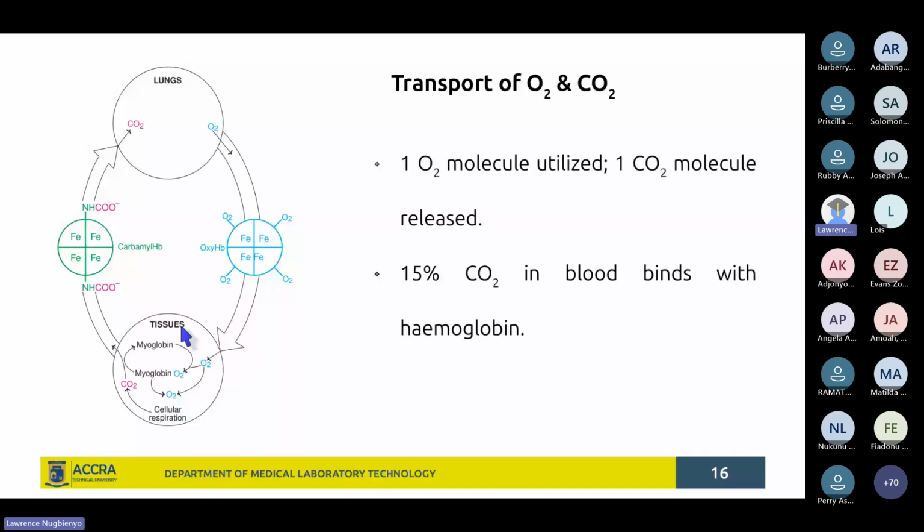And we see that in the lungs, oxygen binds onto hemoglobin molecules. You have a hemoglobin molecule, which is showing here, and you see it's tetrameric, and it has the ferrous ion on which the oxygen molecules bind. So you have 4 oxygen molecules from the lungs that are binding on the hemoglobin.